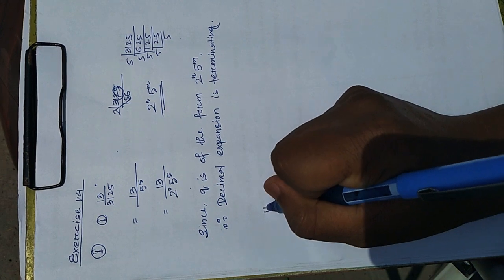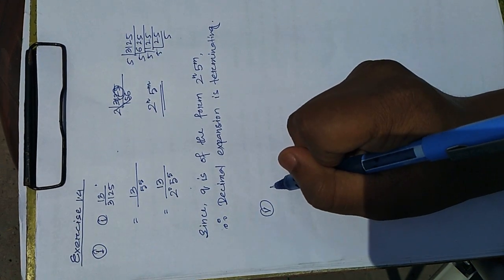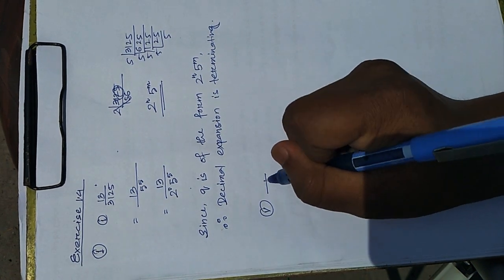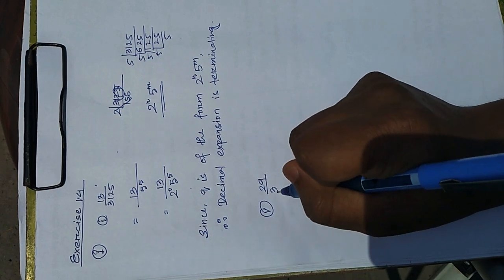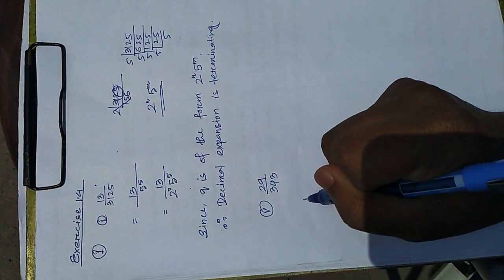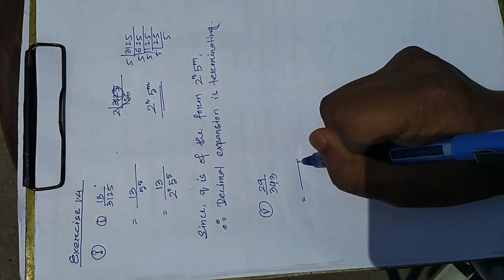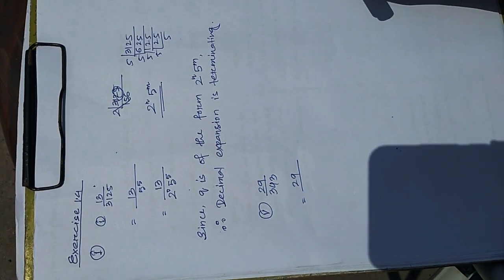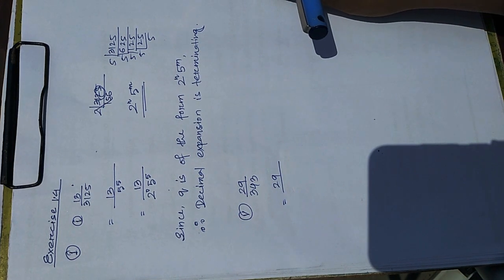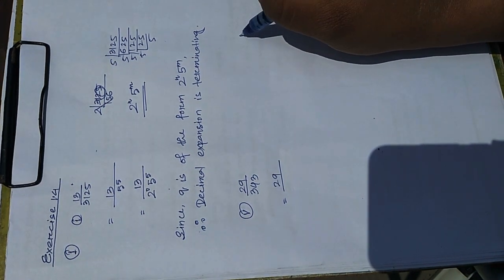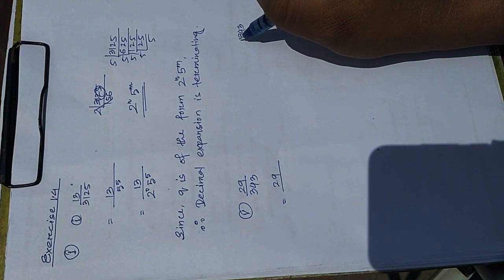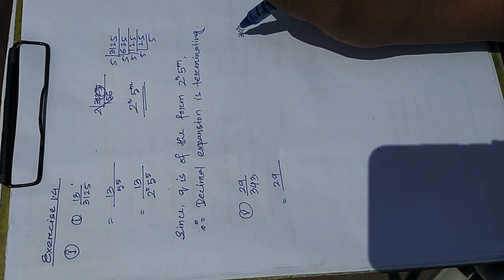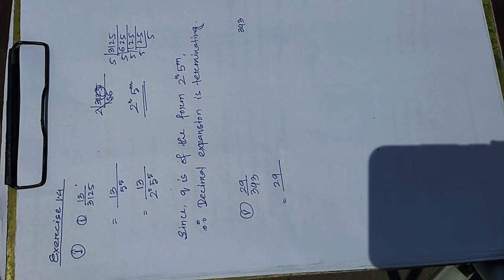Question number 5. 29/343. So we check whether 343 is of the form 2 to the power n, 5 to the power m or not. 343 is not divisible by 3.